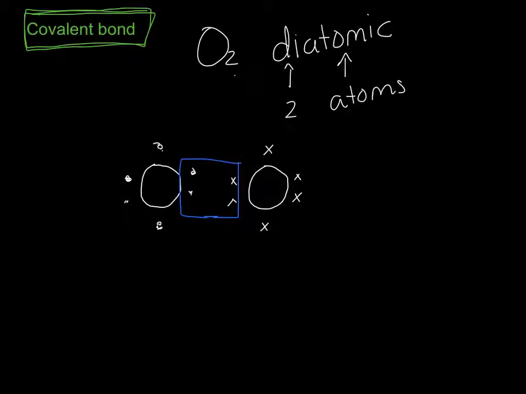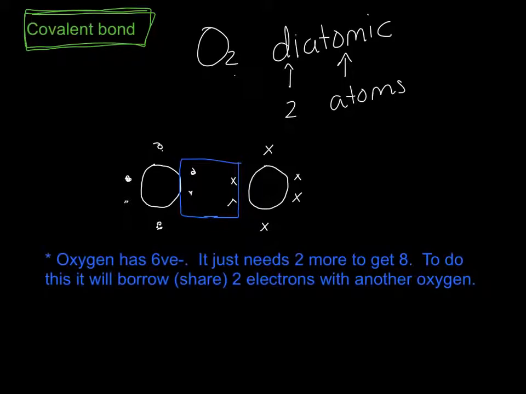So we're going to write out what we just learned. And I'm going to type it just to make it a little bit faster, but you can handwrite it. Just a reminder that the oxygen had 6 valence electrons.